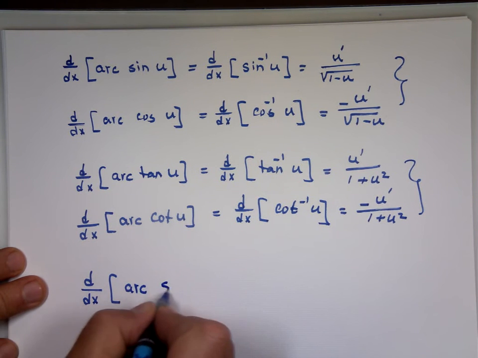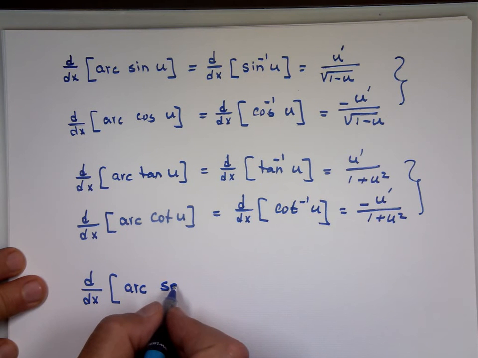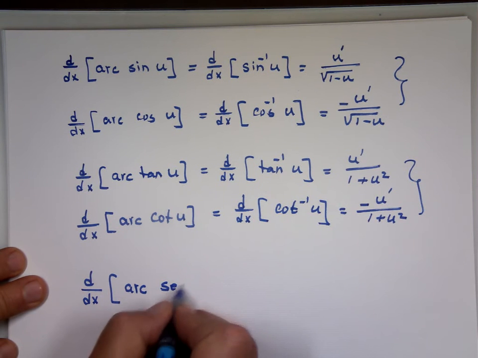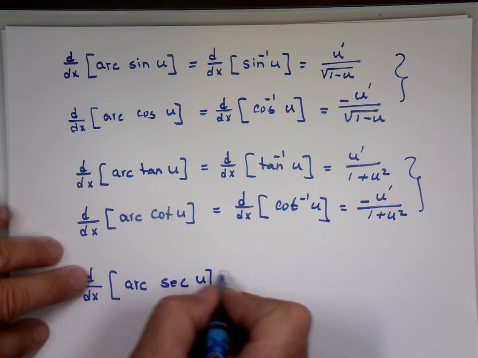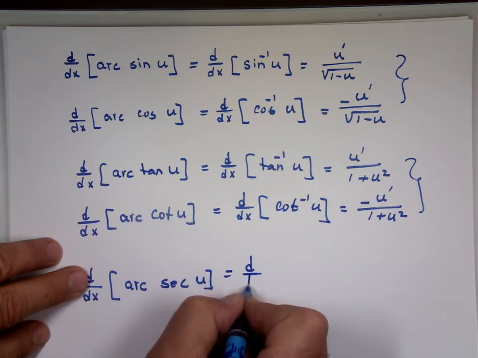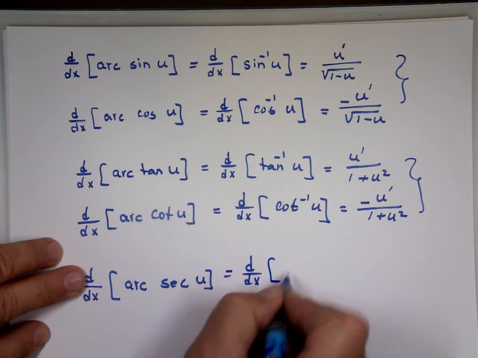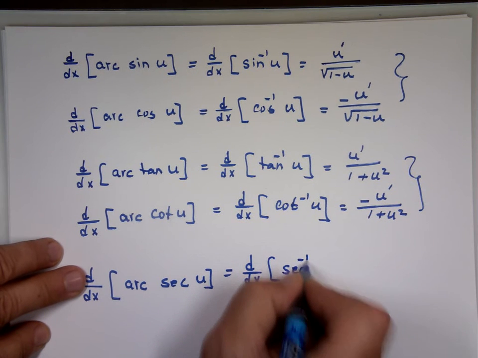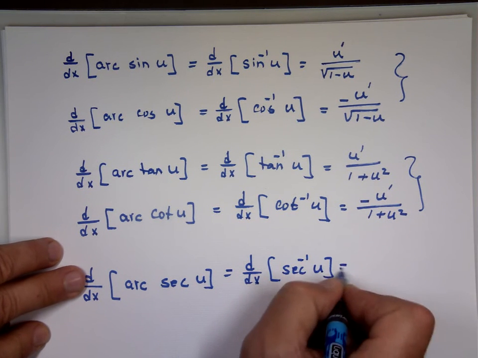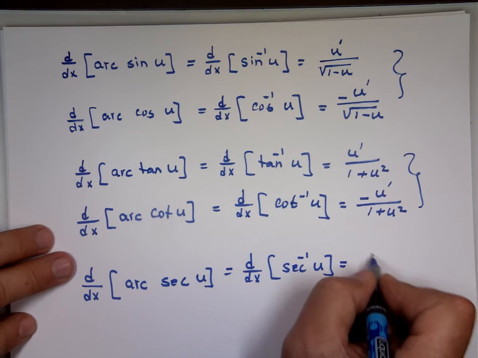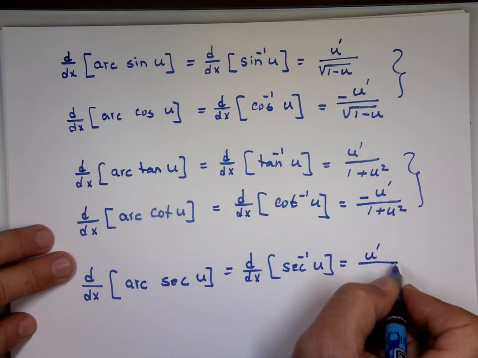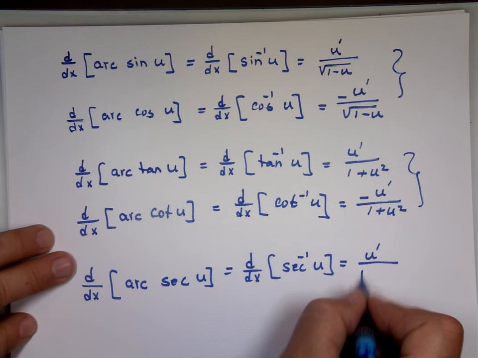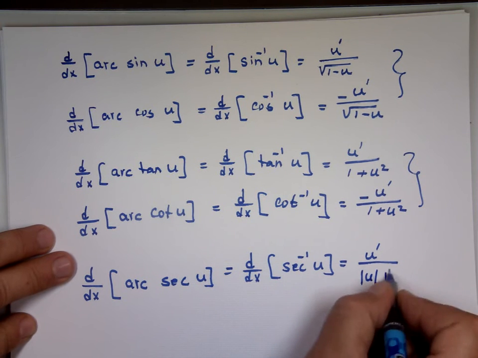Sine, cosine, tangent. Secant, we'll do the secant first. Again, that's the same as secant to the minus 1 of u, and this is positive u sub prime over the absolute value of u, the square root of u squared minus 1.